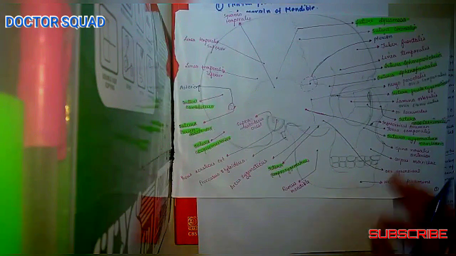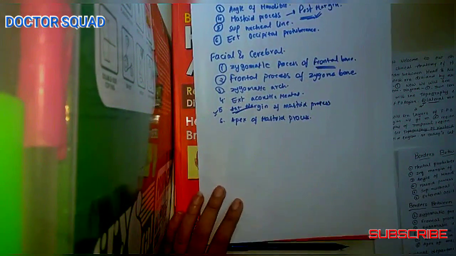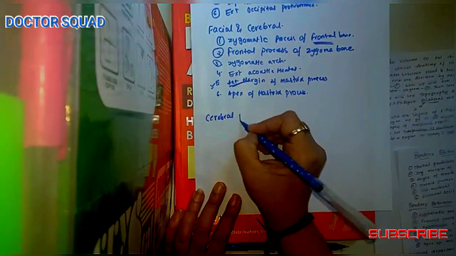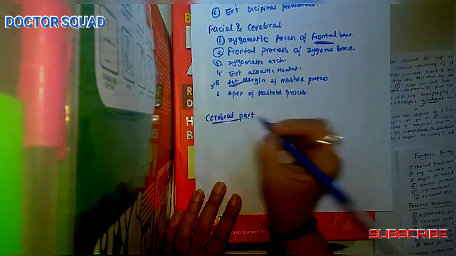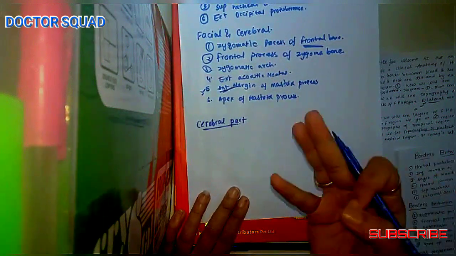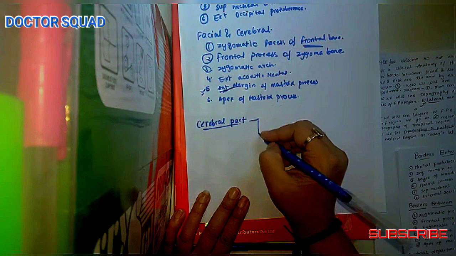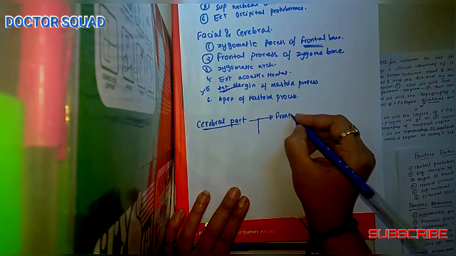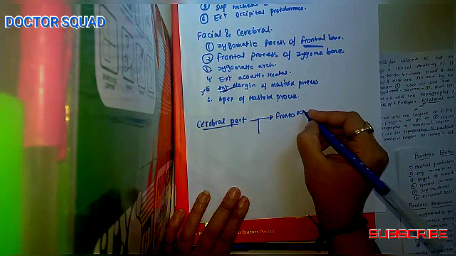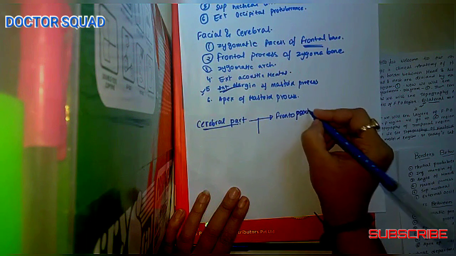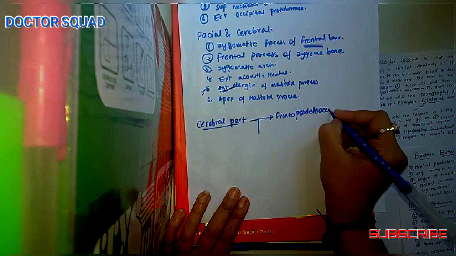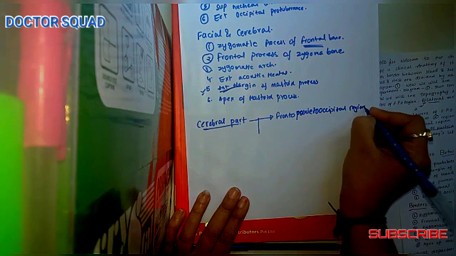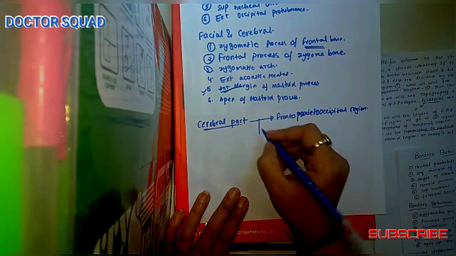Now the cerebral part is divided into three regions. The first is the fronto-parieto-occipital region.